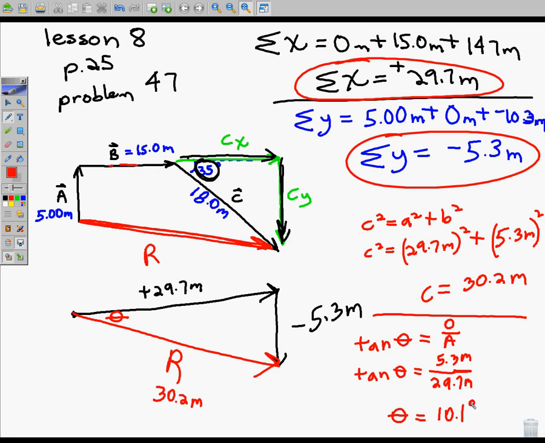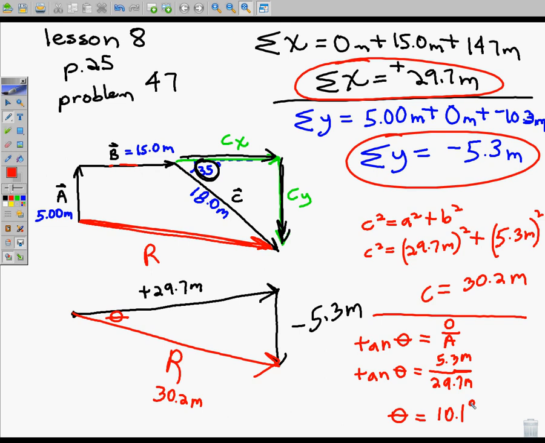10.1 degrees clockwise from the, from what? From zero. Usually if you say clockwise, then you're going to use either positive x, positive y, negative y. From positive x.